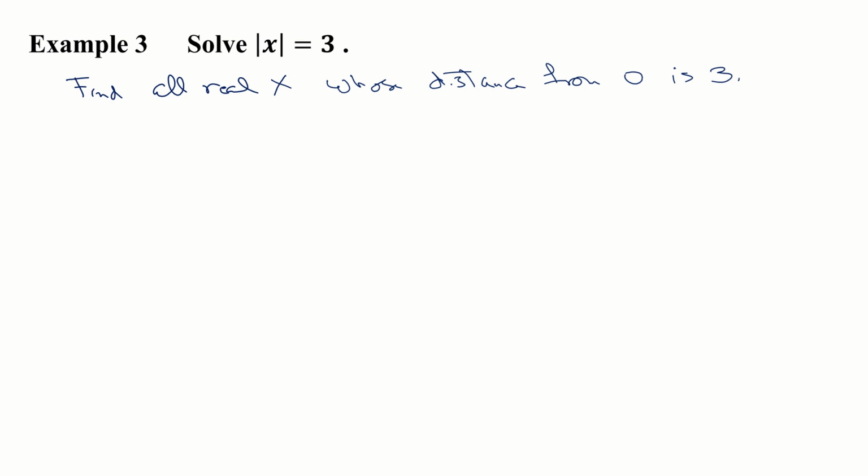Remember, the absolute value of x is the distance between x and 0. So I'm looking for all numbers whose distance from 0 is 3. And of course, as you know, there are exactly two numbers that satisfy that requirement, namely 3 and -3.